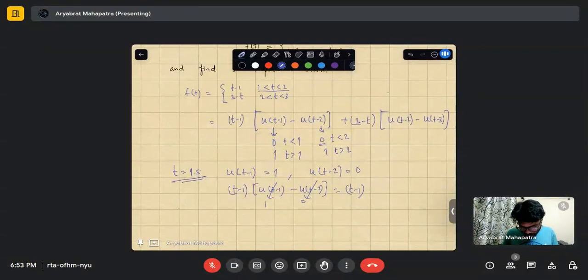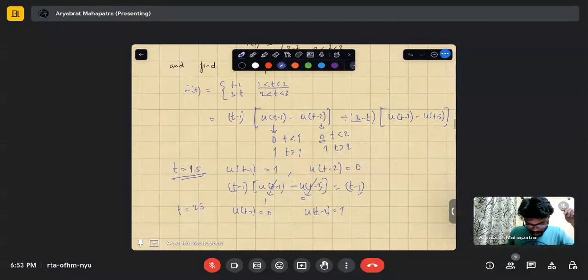Now when t is something, let's say 2.5, u of t minus 1 will be 1, and u of t minus 2 will also be 1. In this case both will be 1, because t equal to 2.5 is greater than 1, so that's why u of t minus 1 is 1.